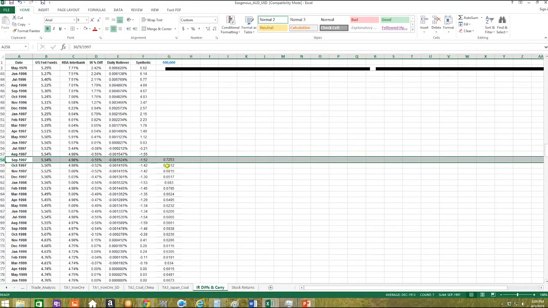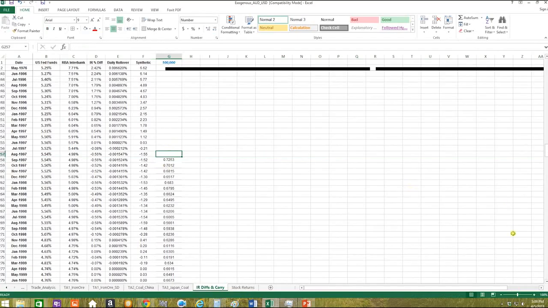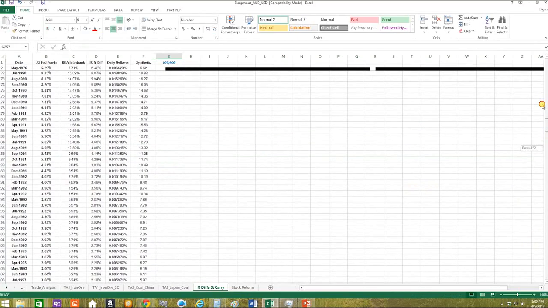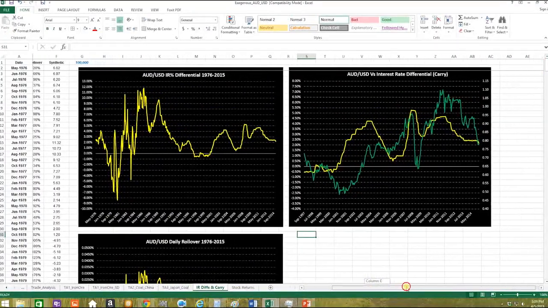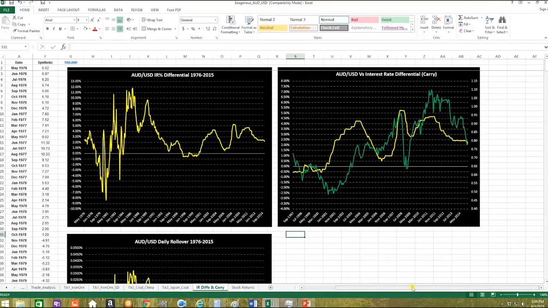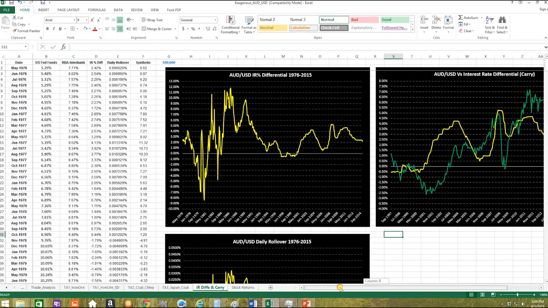Now, if we go back up to the top of the screen, top of the sheet, and we scroll across, you can see here the sheet or the chart that we were referencing earlier in the presentation. And if you recall, we're looking at the Aussie dollar, US dollar exchange rate in green and the interest rate differential in yellow.